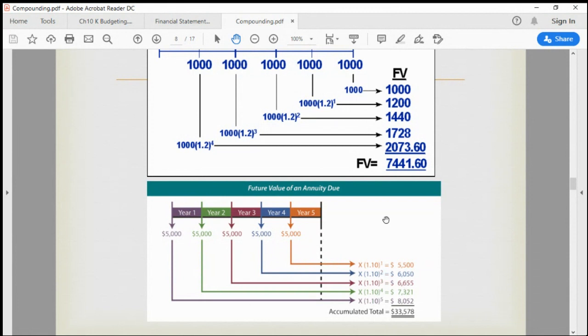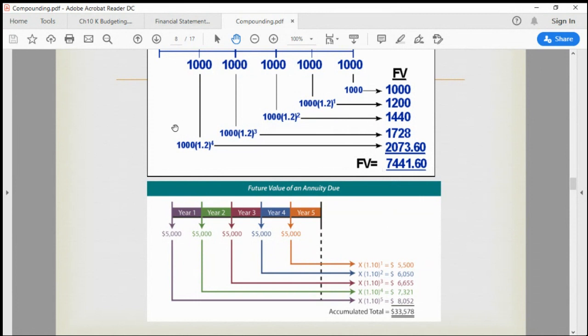Now, that gives us an idea. How do we make it easier to calculate the annuity due? Well, we're going to talk about this later, but that means you can recycle.